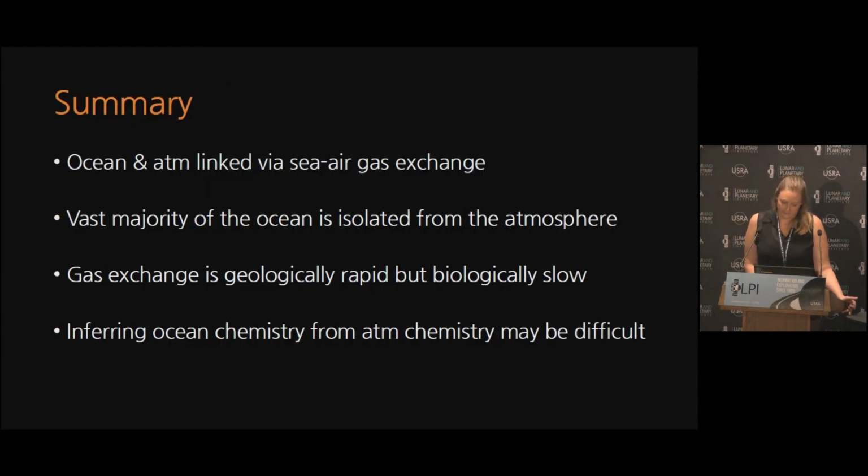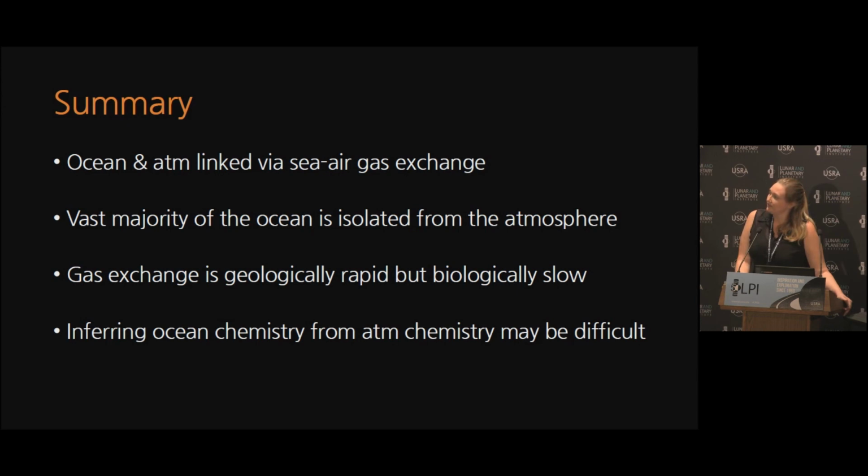So to briefly summarize, the ocean and the atmosphere are intimately linked through sea air gas exchange, but this is not an equilibrium relationship necessarily, in large part because the vast majority of the ocean is isolated from the atmosphere, and because the communication between the two reservoirs is slow compared to biological timescales.